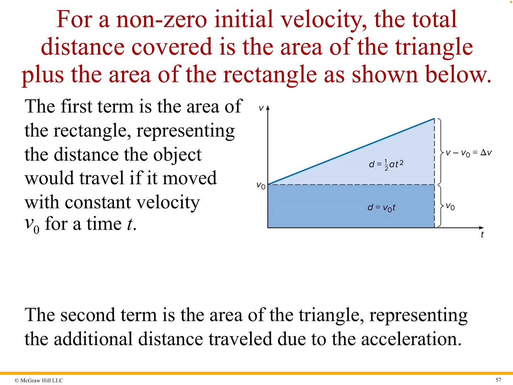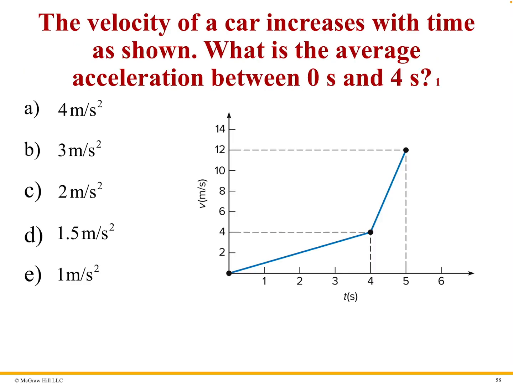They show you another bit of it as well. Basically what they're doing is taking the area under the graph again to find the distance. You've got your initial velocity times time, so length times width, essentially. VO times time.